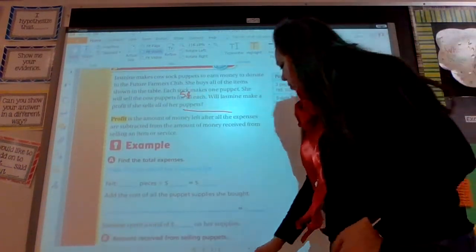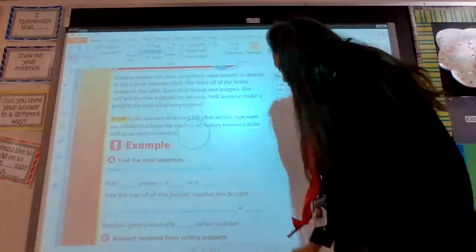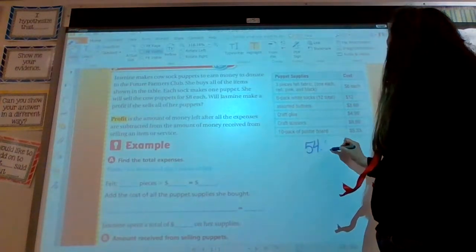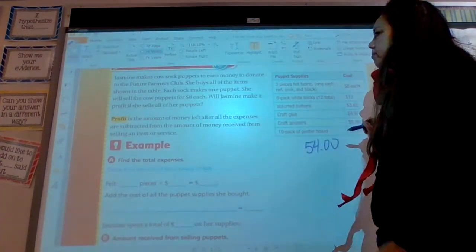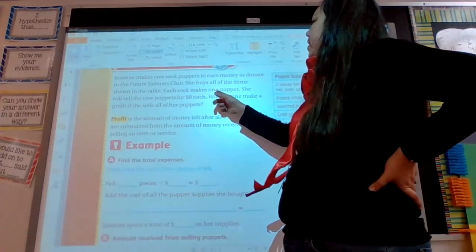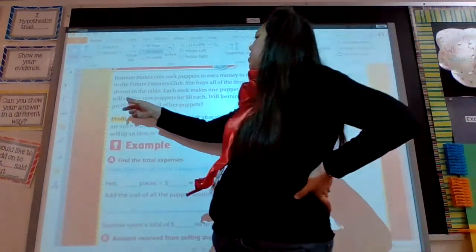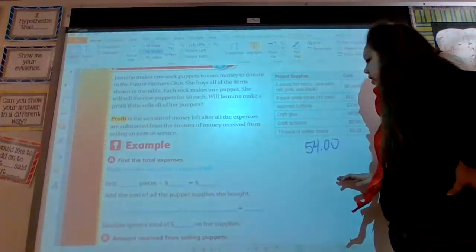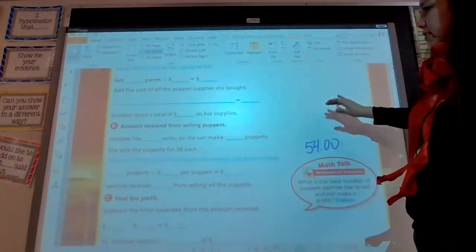Did she say what she was going to pay for those? And I'm just going to write that $54 out to the side because I had to erase it, but I know that that's the total cost of her supplies. So it says that each sock makes one puppet, and she will sell the cow puppets for $8.